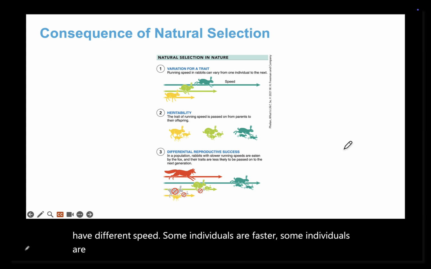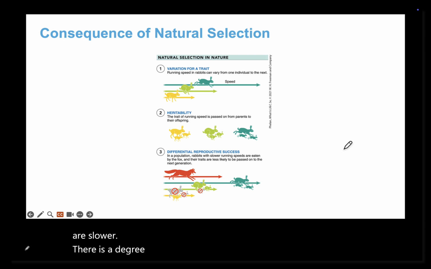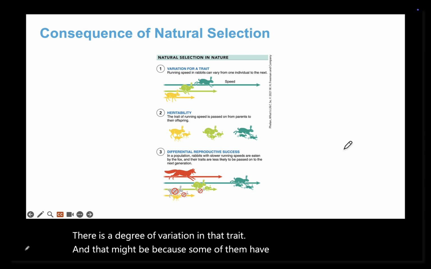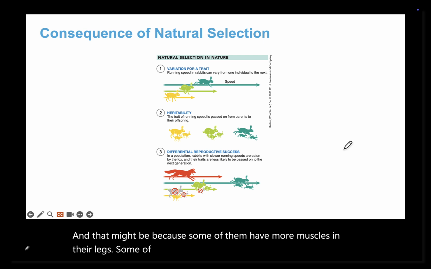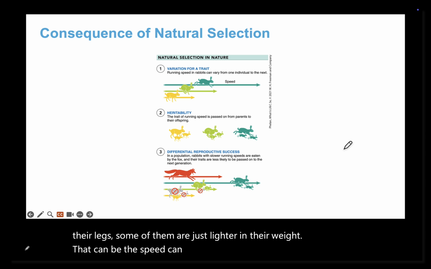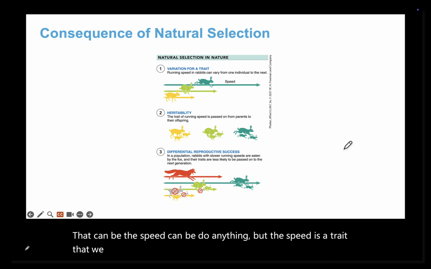There is a degree of variation in that trait. And that might be because some of them have more muscles in their legs. Some of them are just lighter in their weight. The speed can be due to anything. But speed is a trait, a feature that we are looking at here in this population.